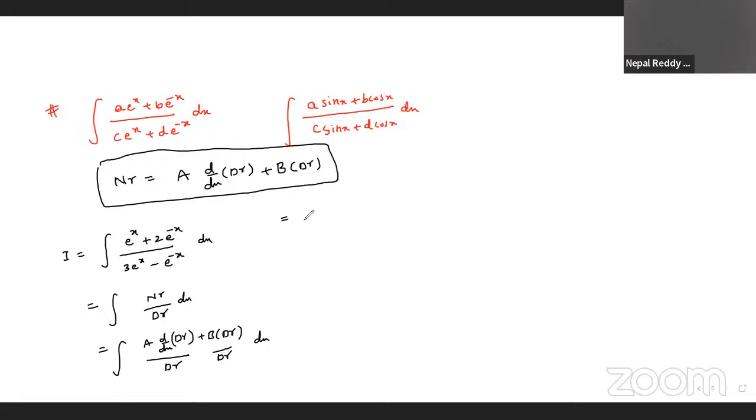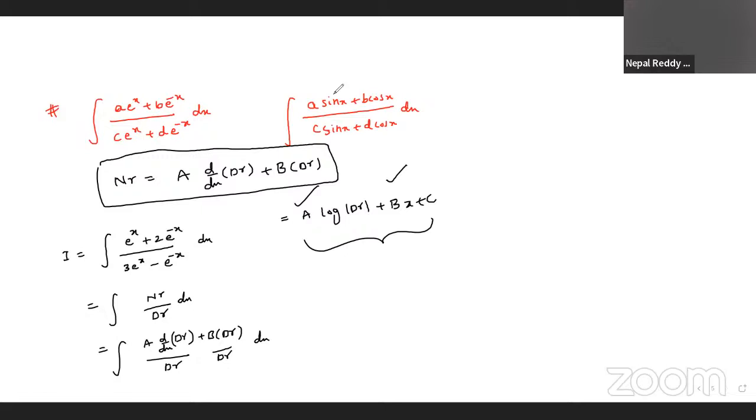So this is equal to a outside, integral f dash x by f of x, that is log modulus of denominator, next plus b into denominator part gets cancelled, and only integration for b, that gives bx plus c. This is the result.